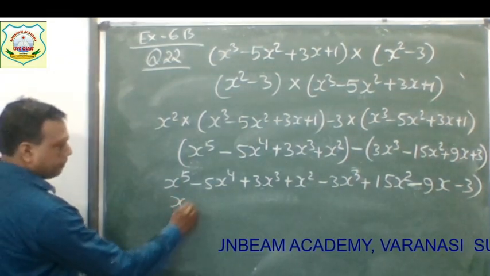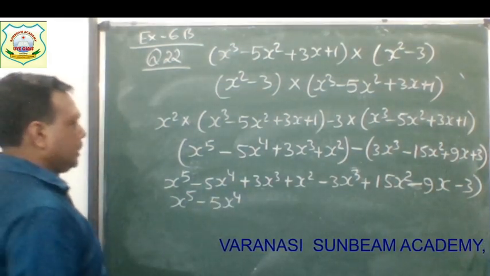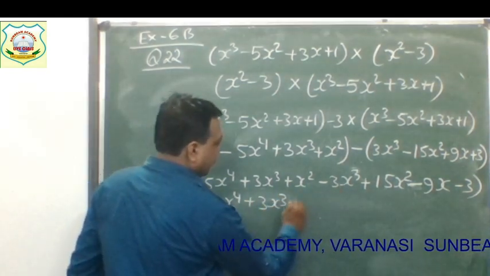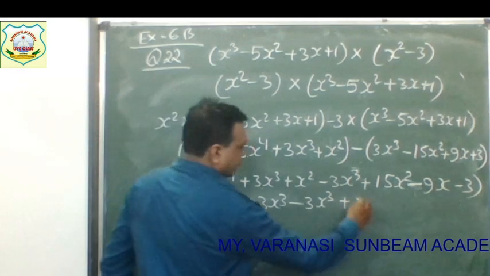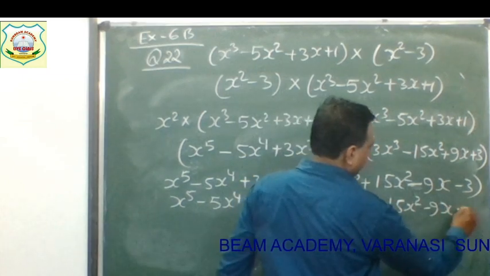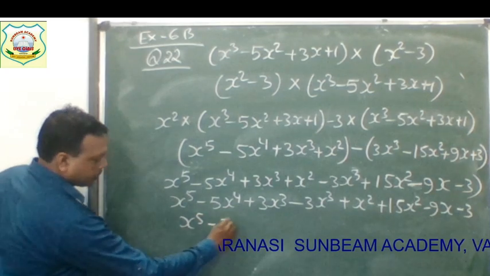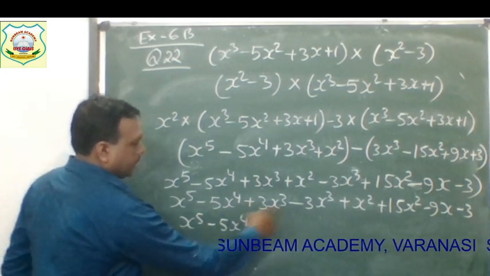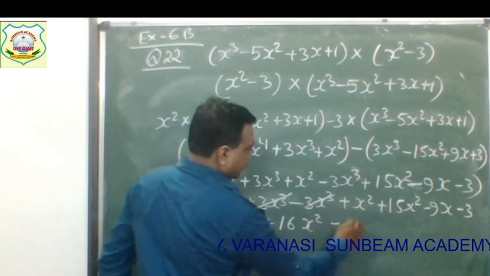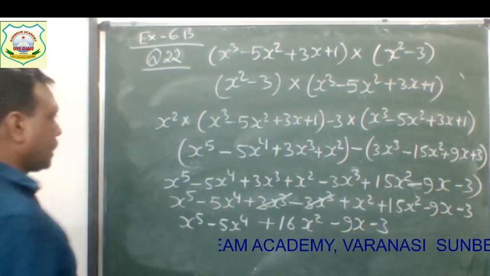Now x power 5 minus 5x power 4 plus 3x cube, then minus 3x cube plus x square plus 15x square minus 9x minus 3. x power 5 no term is here, minus 5x power 4, plus 3x cube and minus 3x cube will be cancelled, and plus 16x square minus 9x minus 3. It will be your answer. So students, now understood? Clear?